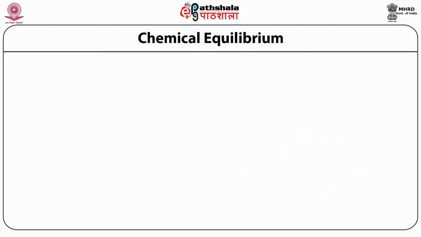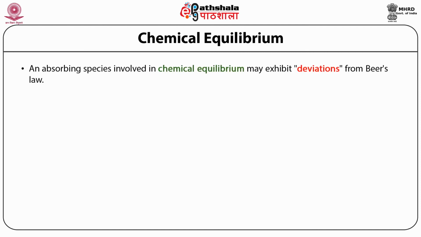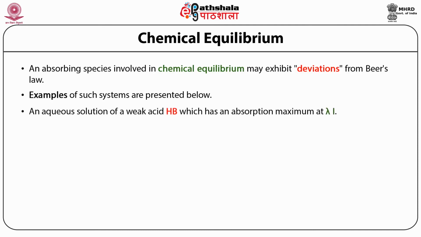Chemical equilibrium. An absorbing species which is involved in a chemical equilibrium may exhibit apparent deviations from Beer's law. Examples of such systems are presented below. An aqueous solution of a weak acid HB has an absorption maximum at lambda 1.